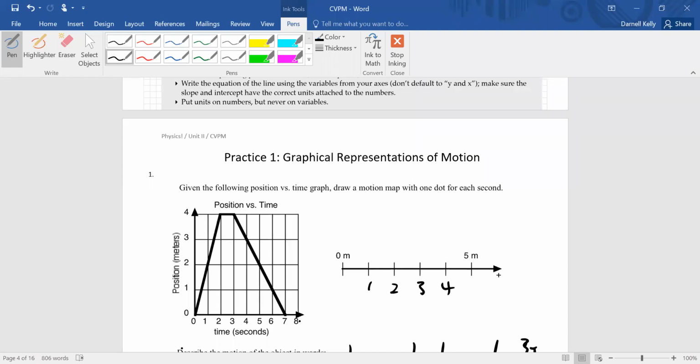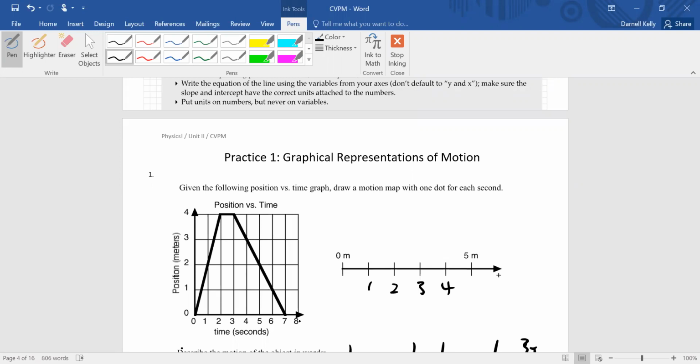So all kinds of ways, and from the graph, we've created an equation. So all these different ways of understanding what's going on with this object moving at a constant speed. We know the slope of a position-time graph is the velocity. So we've dealt with that issue just a few moments ago.